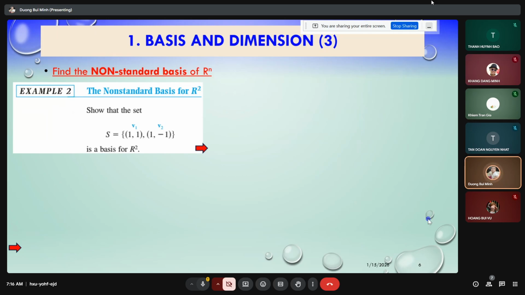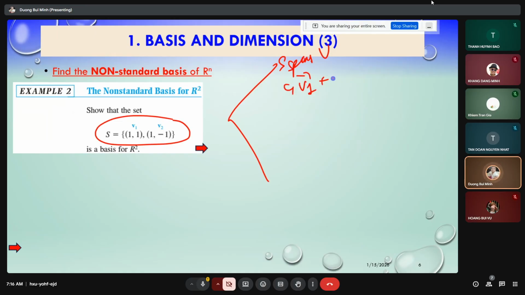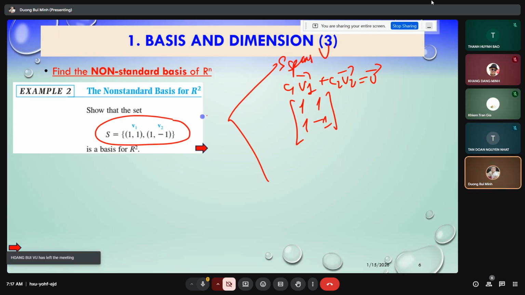Is this a basis? Yes or no? I don't know, we need to check with two conditions. First, S spans V. That means C1 times V1 plus C2 times V2 gives any vector V. If you are familiar with linear combinations, we just combine V1 with V2 and get the coefficient matrix, right?